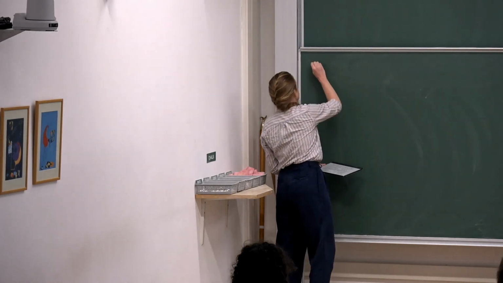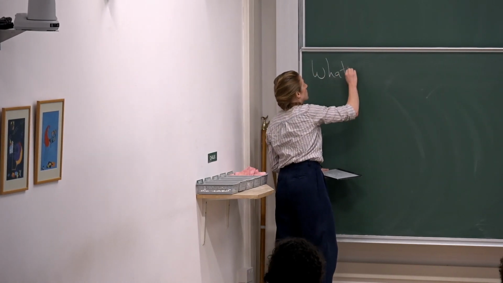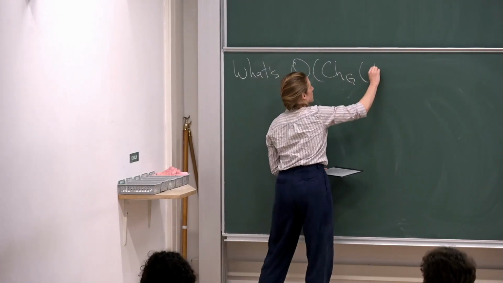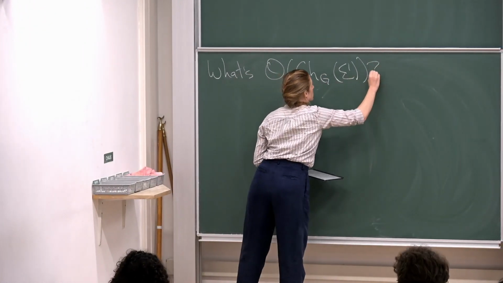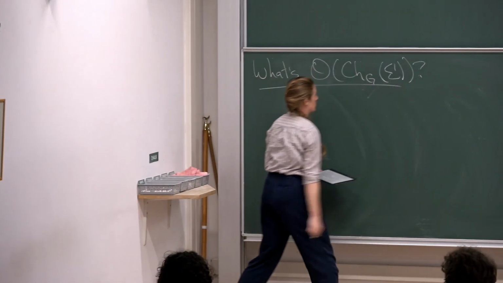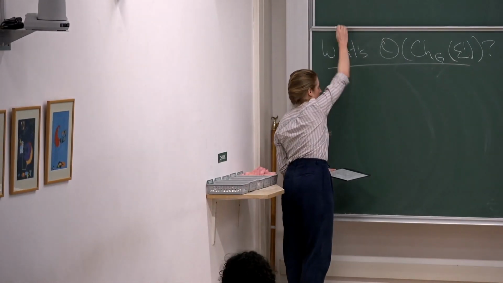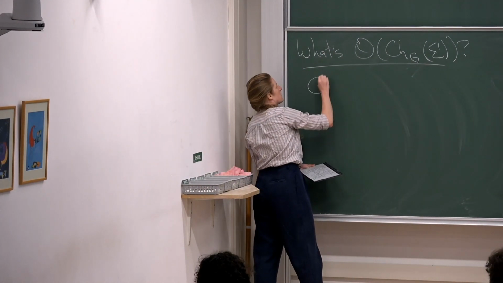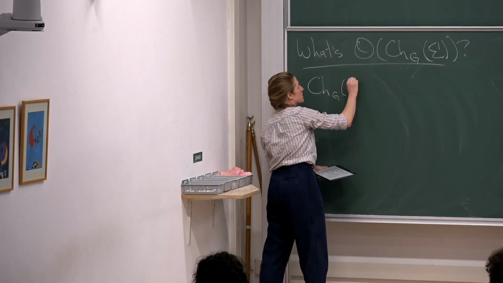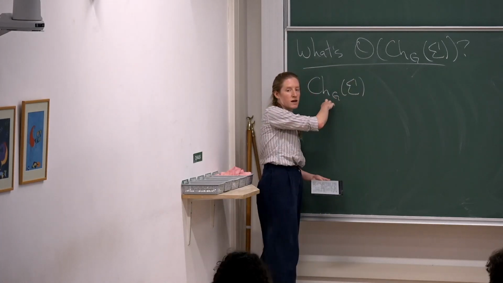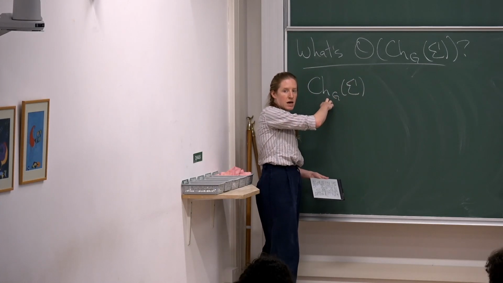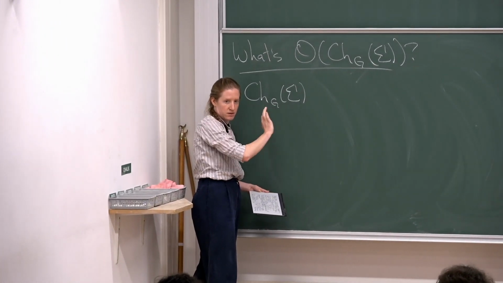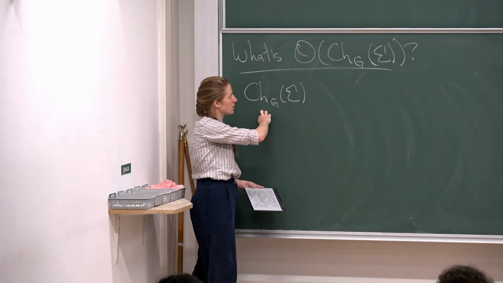So let's go. What's this thing? So let's start off with this. CH, G of sigma. I should say, aside for mathematicians, I actually have to work with the character stack to get the right excision properties, but this is the only time I'll mention that during this talk.